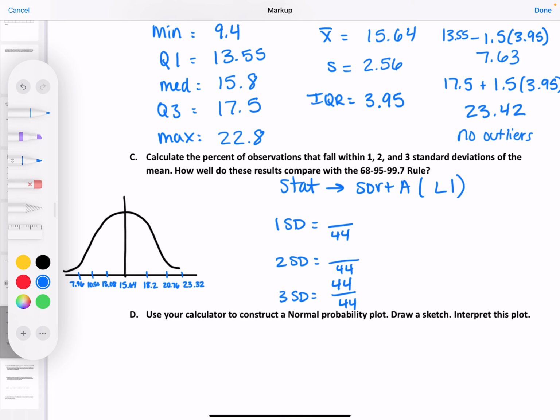Okay, I got 13 over 44. 13. Yes. We're trying to find how many numbers are between 13.08 and 18.2? Oh, 18.2. I only did to 15.6.